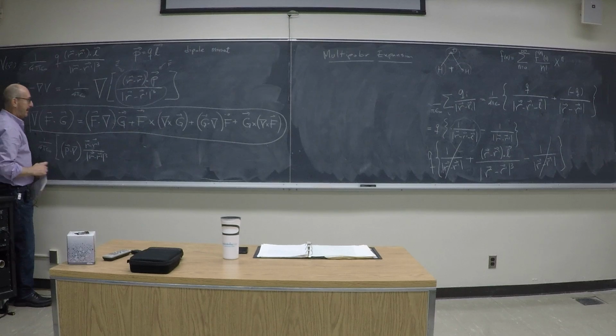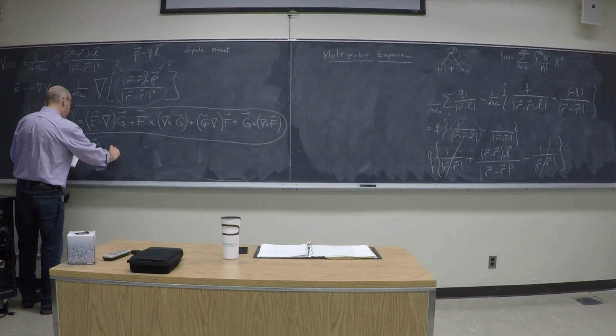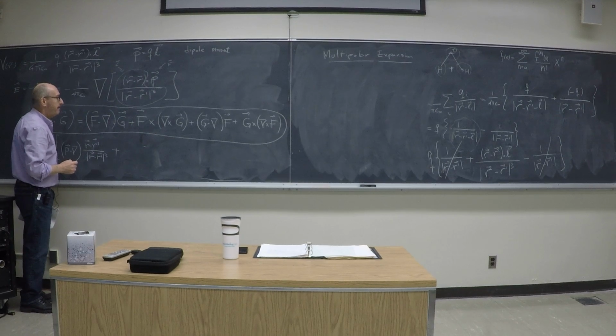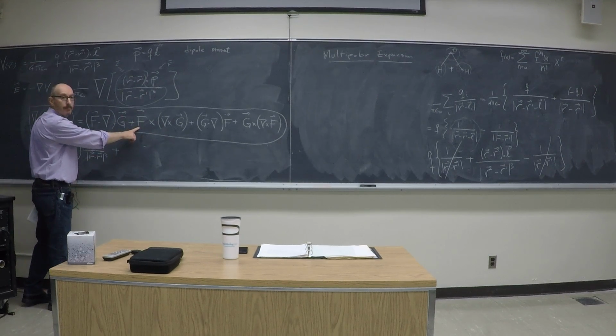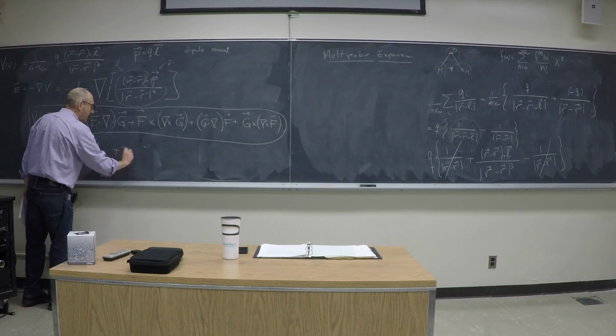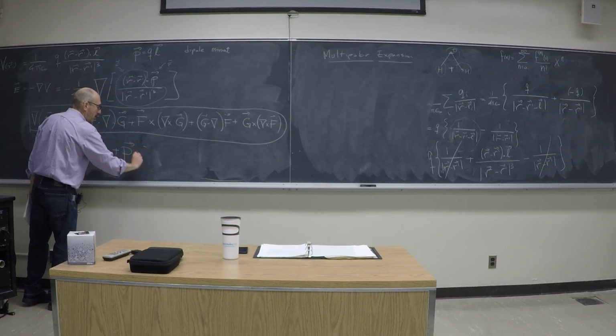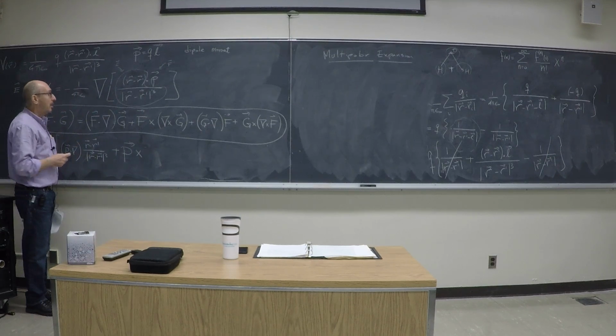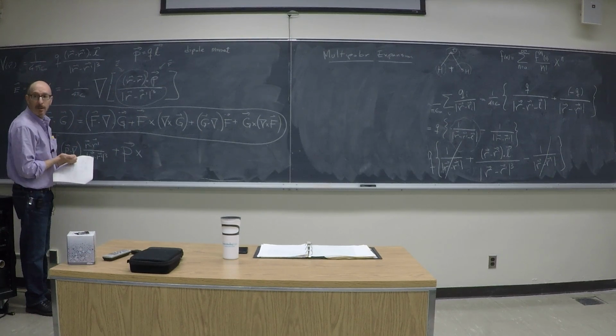Okay. Then the second term, what do I write here? P, exactly. And then vector product, the curl of that mess, right?